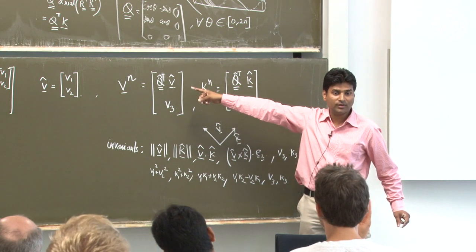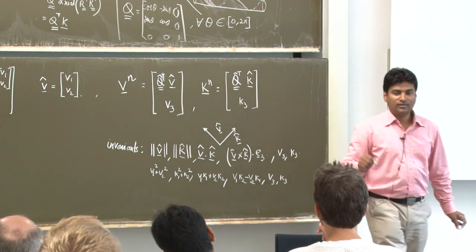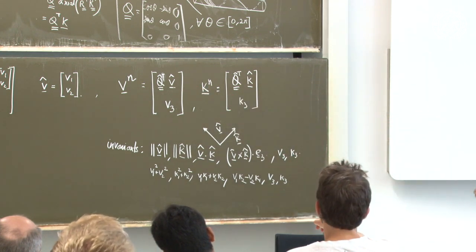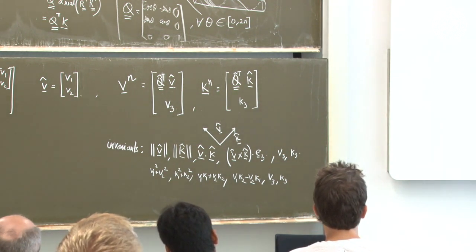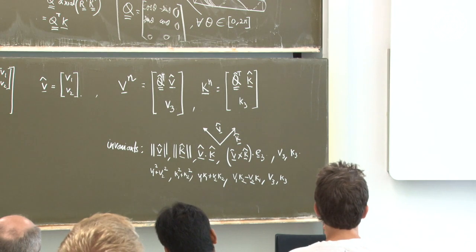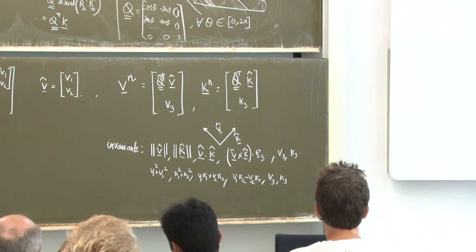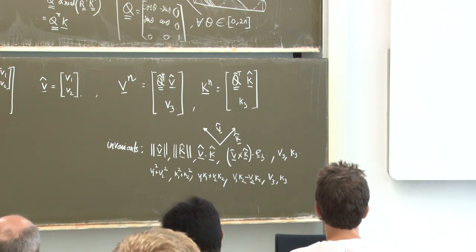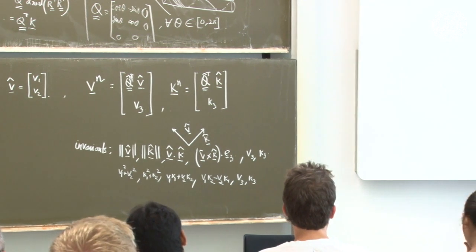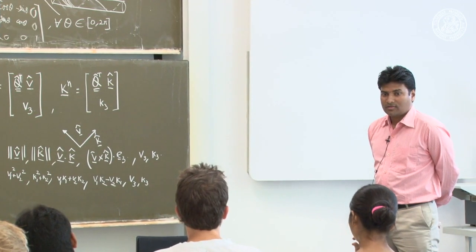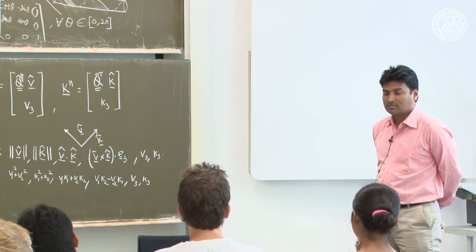What happens to the invariance? The one that comes from the cross product, we change the sign. V1 K2 minus V2 K1 is basically the negative of K1 V2 minus V1 K2. Yeah, that's true. Yeah, that's going to happen.